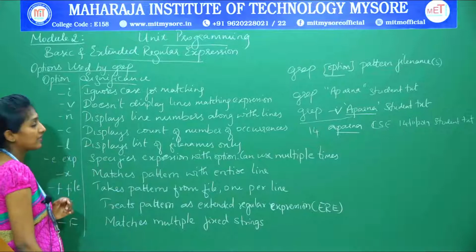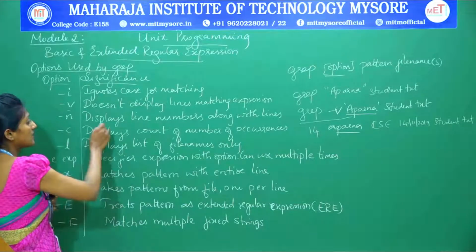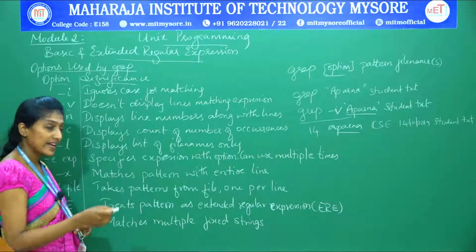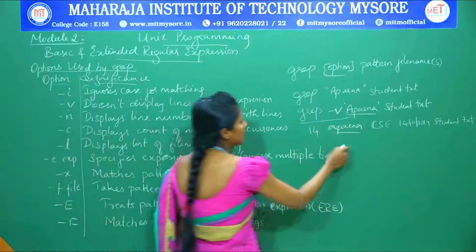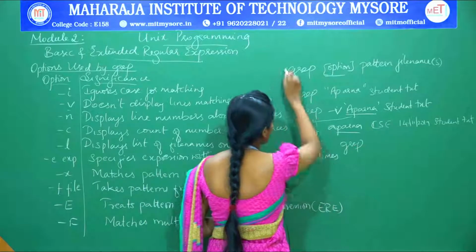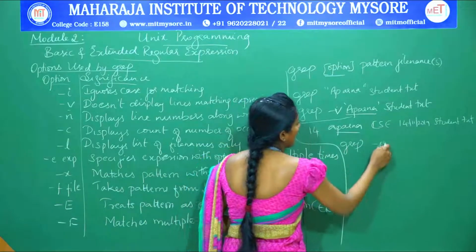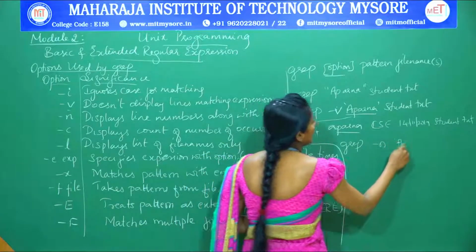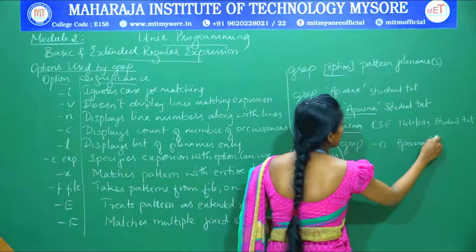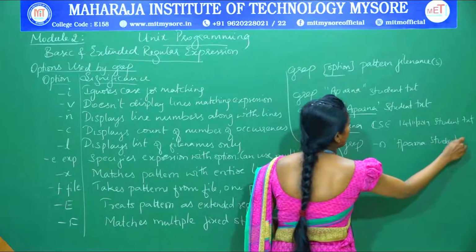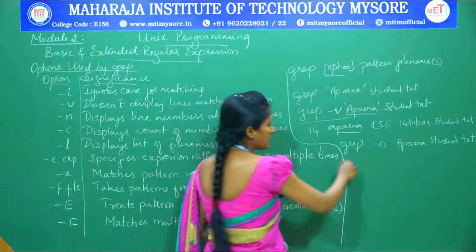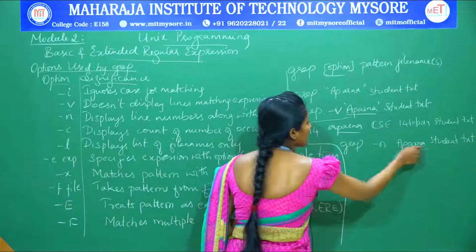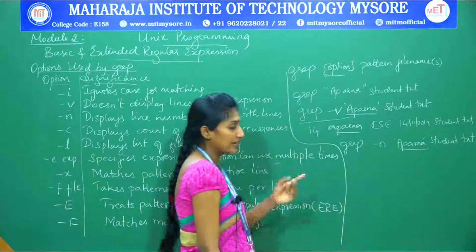Then what does -n represent here? -n displays the line number along with the lines. So if I have given grep -n Aparna student.txt, it is going to display the line number at which this particular pattern is situated.